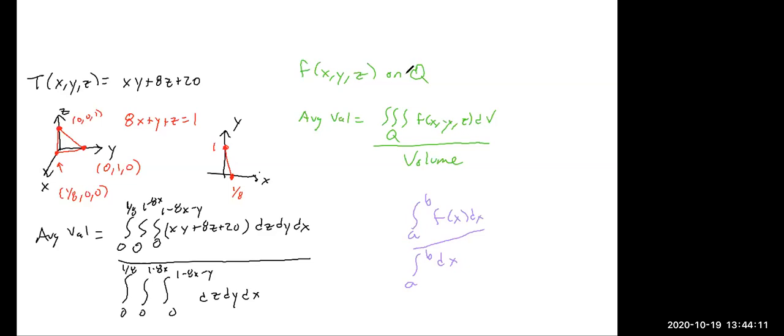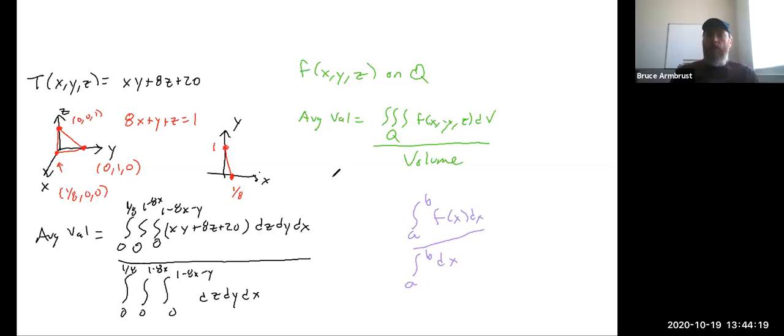I get that xy plus 8z plus 20 is linear and x squared is nonlinear. Do you see my question? No, I don't, because I'm not treating it any differently. Do you mean the fact that I'm only using one integral as opposed to four?